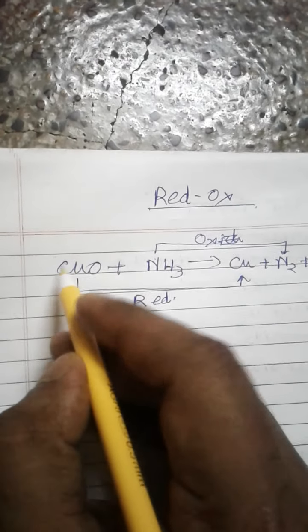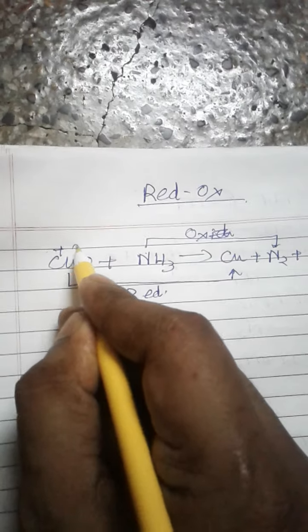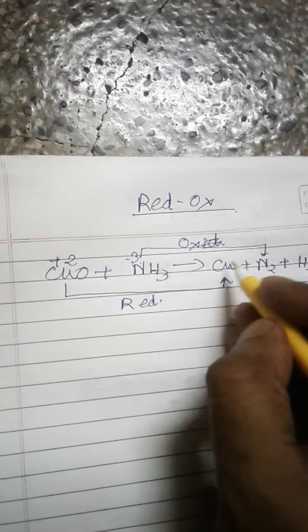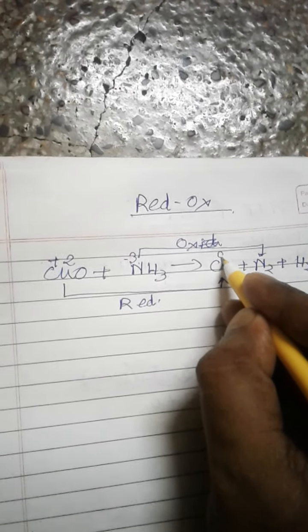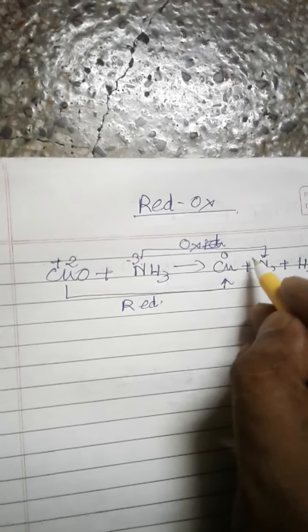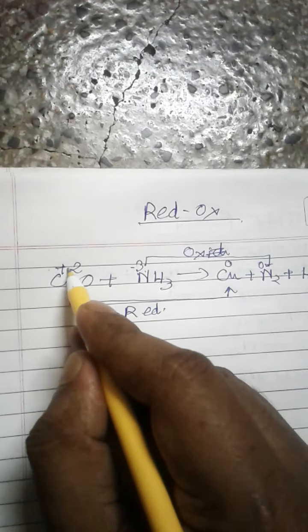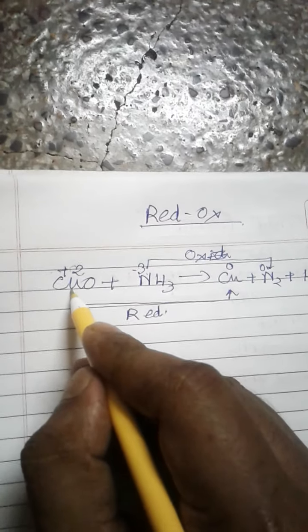And if I consider the oxidation number, the copper has oxidation number +2 in CuO, and nitrogen has oxidation number -3 in ammonia, and in Cu it has 0 only, and in nitrogen it has also 0. So from CuO to Cu, the oxidation number decreases.